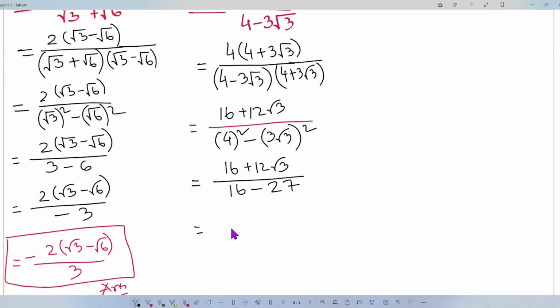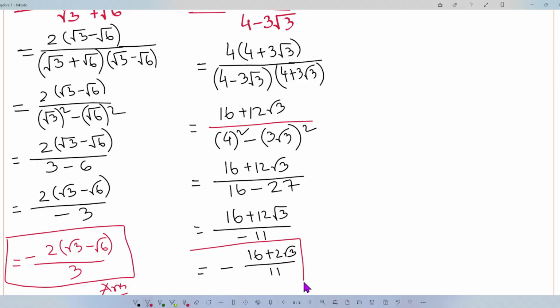Now here is 16 plus 12 root 3, and 16 minus 27 is minus 11, so we can write minus 16 plus 12 root 3 by 11. Okay, and this is our answer. Okay, very simple.